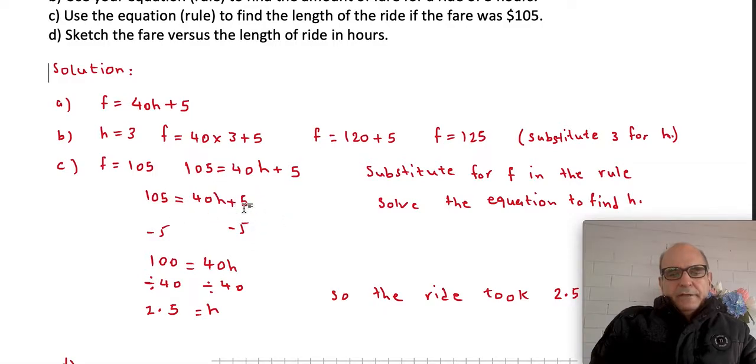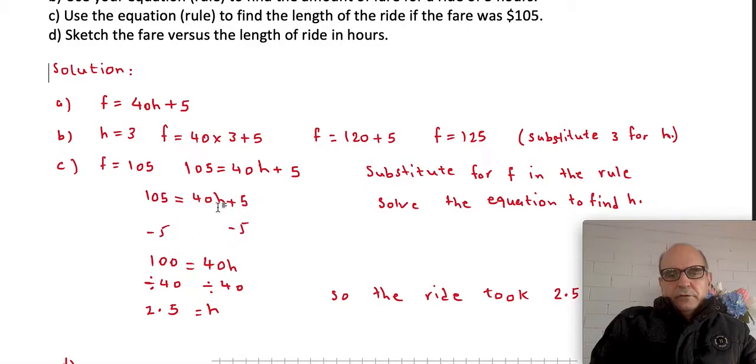The first step is to get rid of this constant, which is plusing 5. And the opposite of plusing 5 is subtracting 5. That's what we do. But we got to do it to both sides. So take away this constant from both sides.